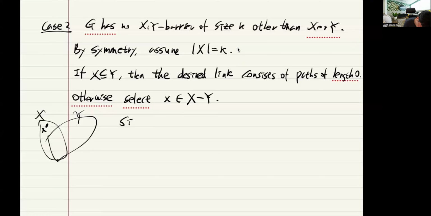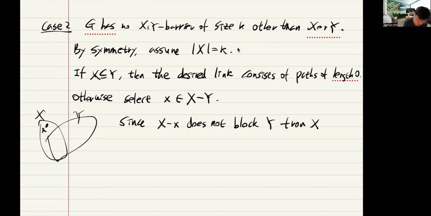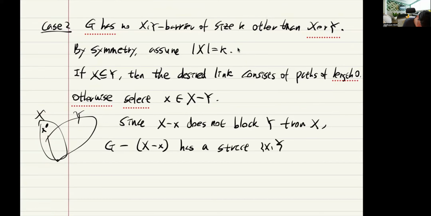Then what we know is that S minus x does not block Y from X because it has size K minus 1, so it's not an XY barrier. So let me write it that once we delete everything in S except this x, there is a strict XY path.